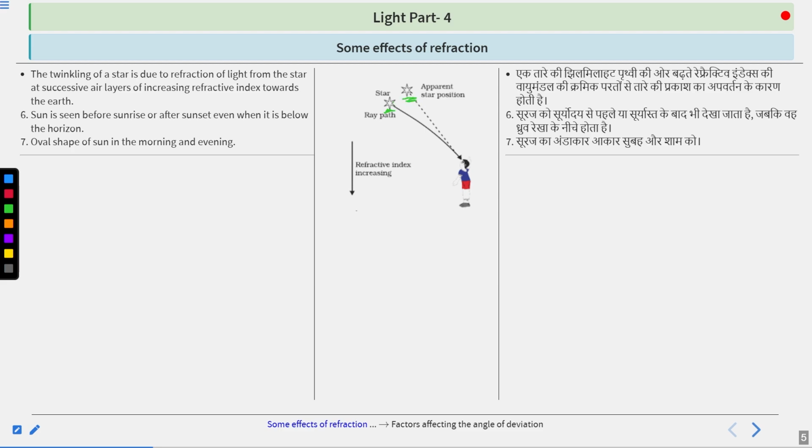Why? Because once the light started towards your eye, it's going through so many successive air layers, and then it's reaching you. So the actual position and the apparent position of the star appear different. It is also related with the refraction.